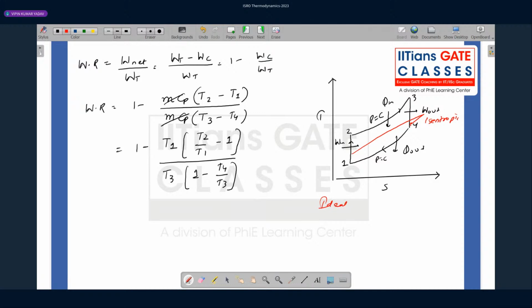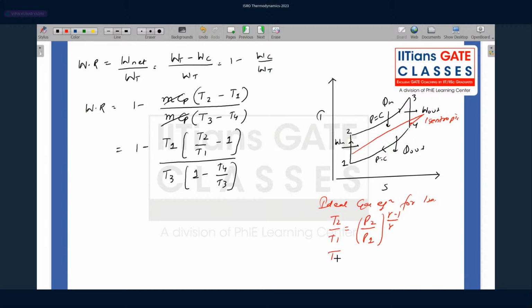Ideal gas equation for isentropic process. I can say T2 by T1 is equal to (P2 by P1) to the power (gamma minus 1) by gamma. Yes. And also I can say T3 by T4 is equal to (P3 by P4) to the power (gamma minus 1) by gamma.